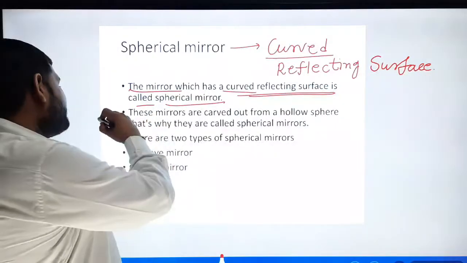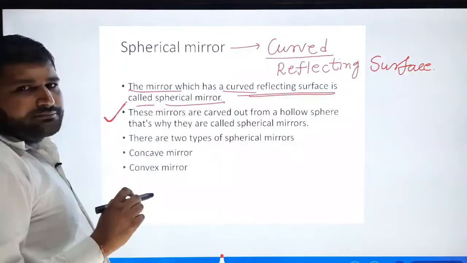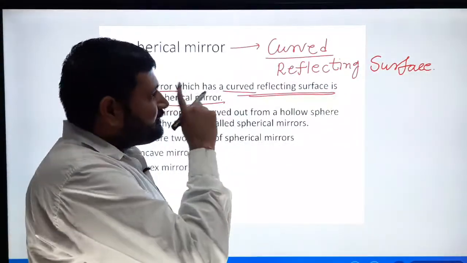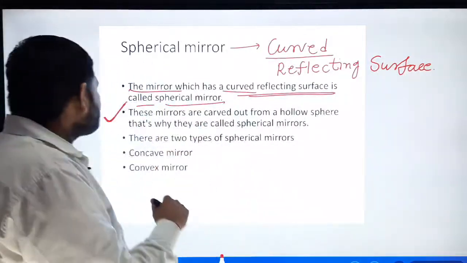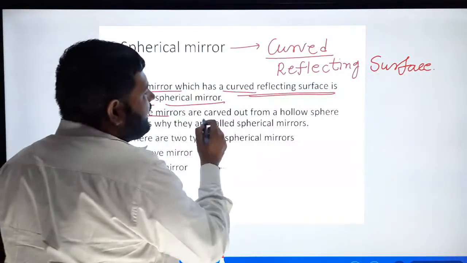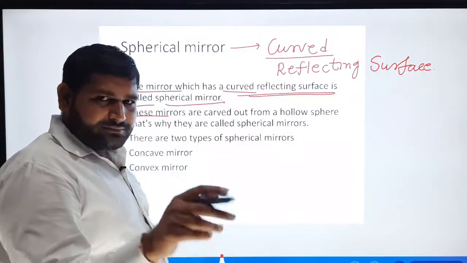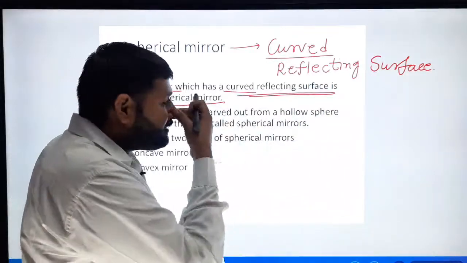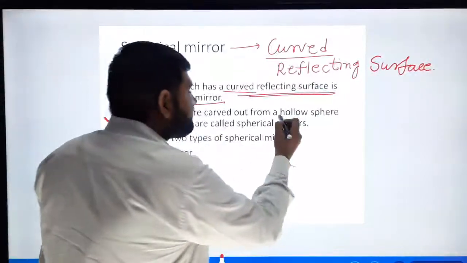Now the question is, why are these curved shaped mirrors called spherical mirrors? What is the reason behind the nomenclature of these mirrors as spherical mirrors? The reason is, these mirrors are carved out from a hollow sphere. The spherical mirrors that we are studying in this video are made or carved out from a hollow sphere.